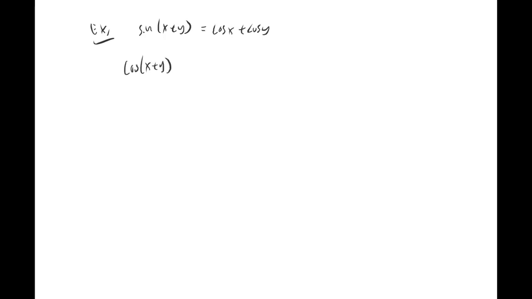So again, take the derivative like you normally would. And then I chain rule the inside. So what's the derivative of x plus y? No, it's not 2. Yeah, 1 plus y prime.